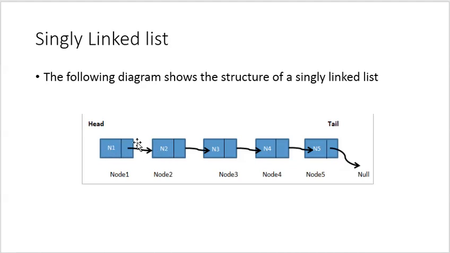In this we have nodes in which one portion is data while the other is a pointer, and we have head and tail pointers, in which the head is pointing to the first node while the tail is pointing to null. So like this all the nodes are connected with each other with pointers, and the pointer of the previous node is pointing to the next node.